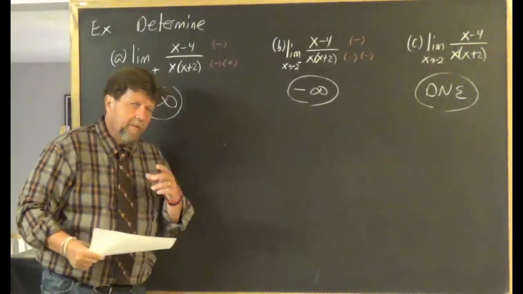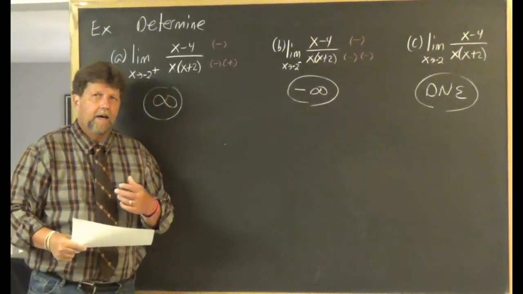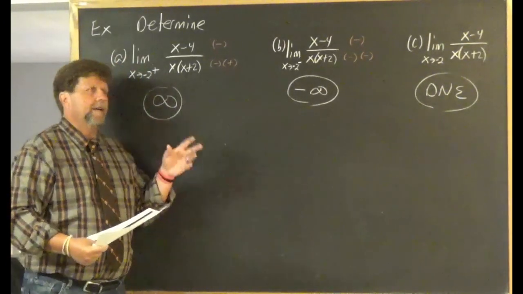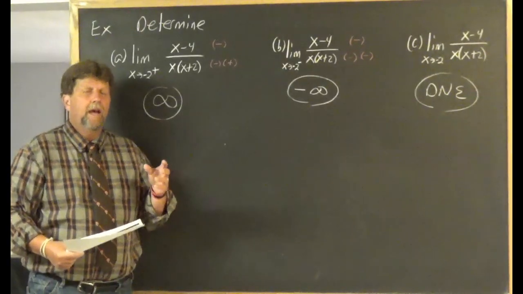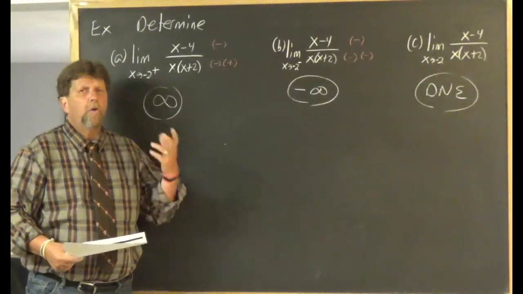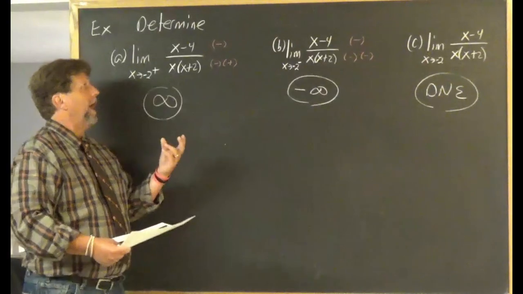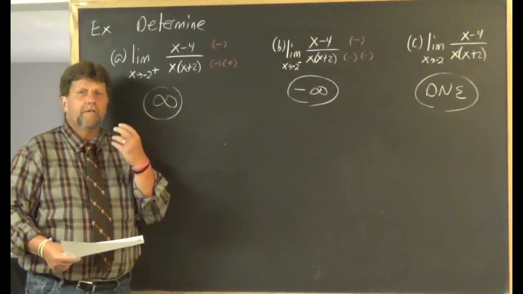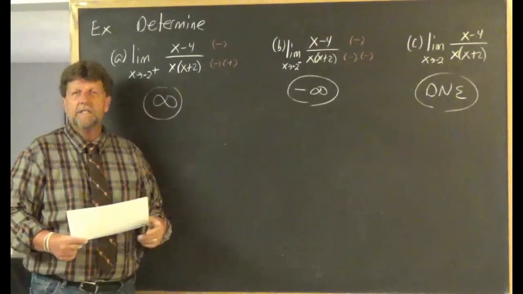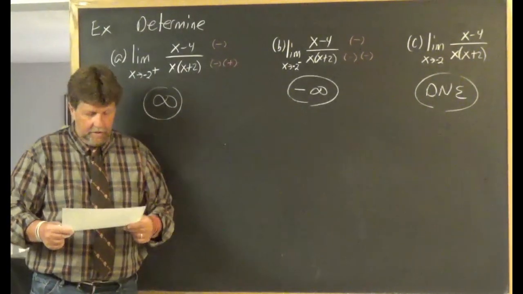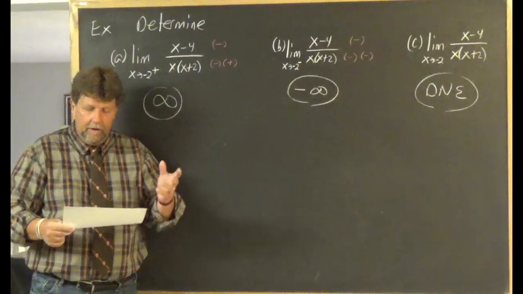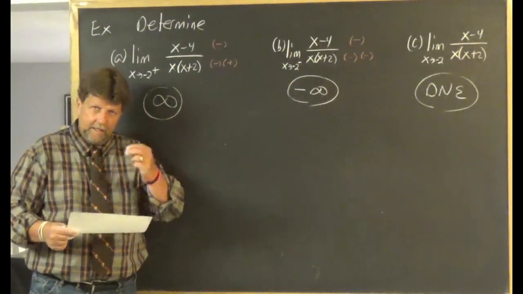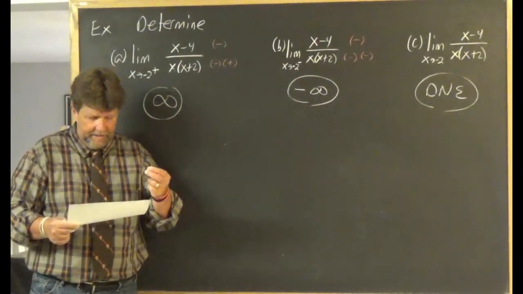And I would be remiss if I didn't say, after I do this analysis, I personally would quickly use my calculator to graph (x minus 4) over (x times (x plus 2)) to visually confirm these limits. So, I'd like you to practice this type of analysis that we just did.